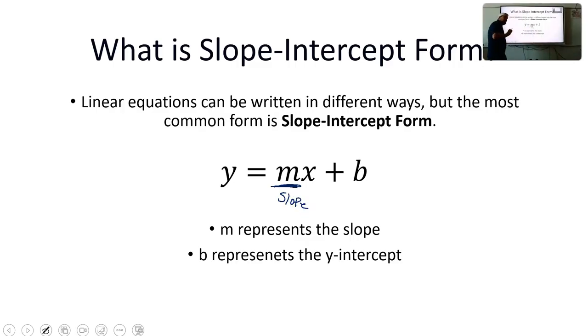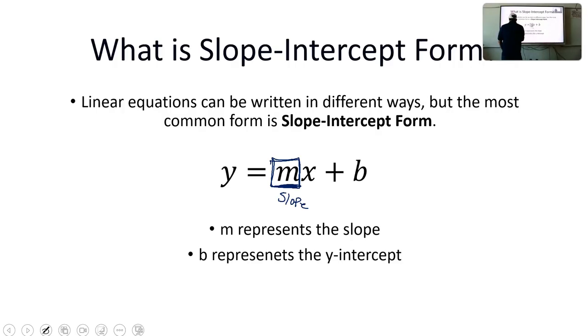Whatever number is in front of the x will always tell you the slope of the graph. It'll tell you whether it's a positive slope or a negative slope. If it's a zero slope, you won't even have an x there. We'll get to that later. But that will always tell you what your slope is. So if we can't figure it out the way we did in our last video, we can just look at the equation, and boom, that's the slope.